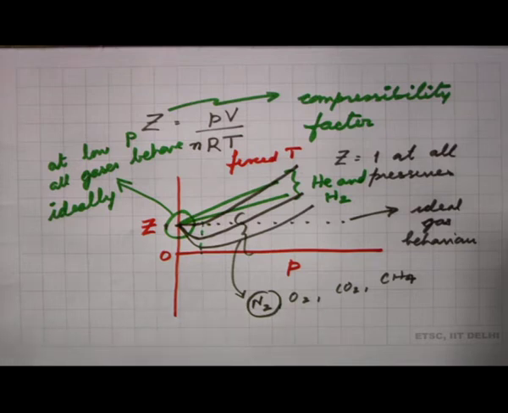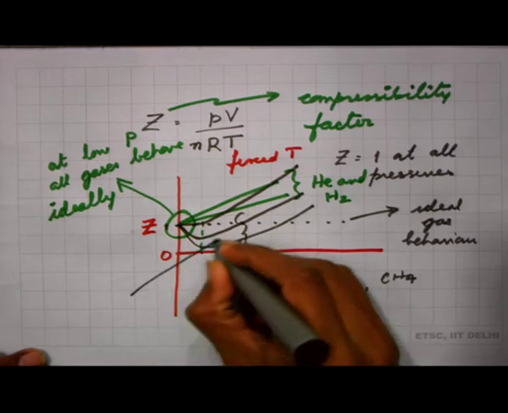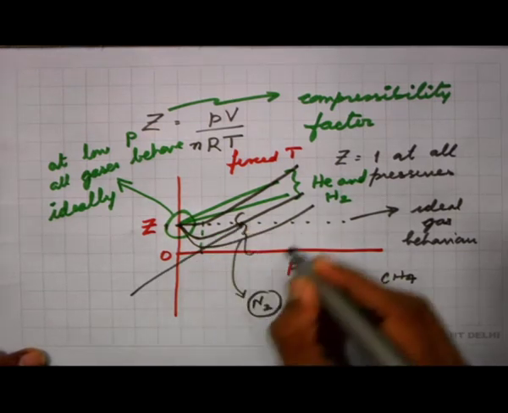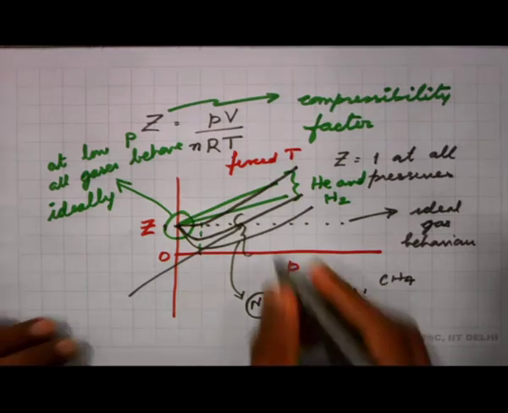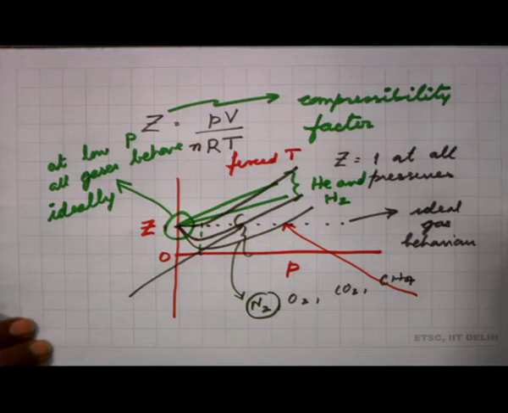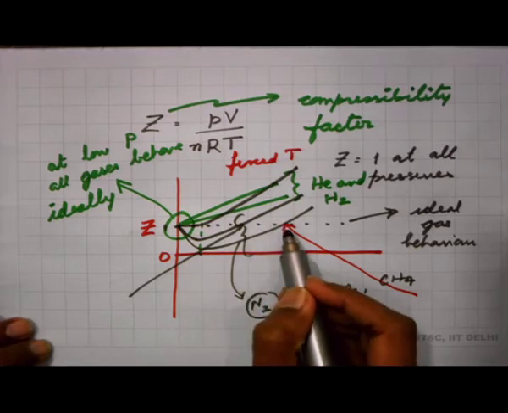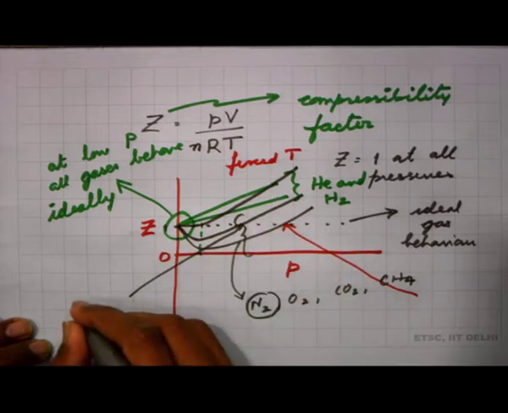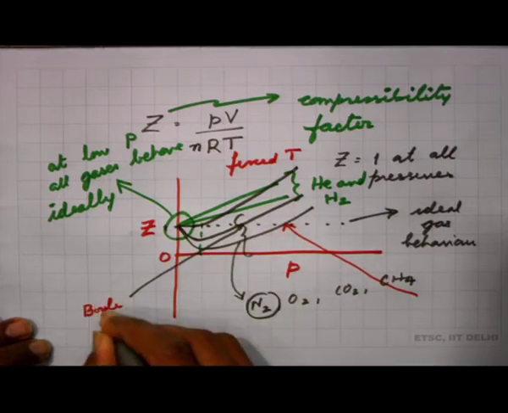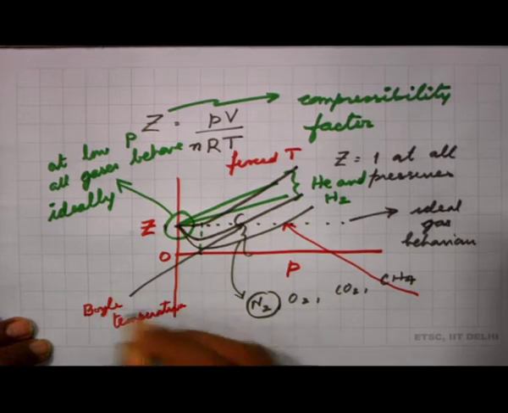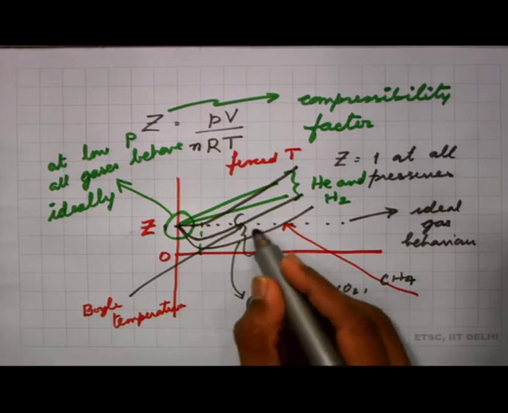So, the temperature at which this point here or this point here, where Z is equal to 1 for the different gases, is called the Boyle temperature, and it varies for different gases.